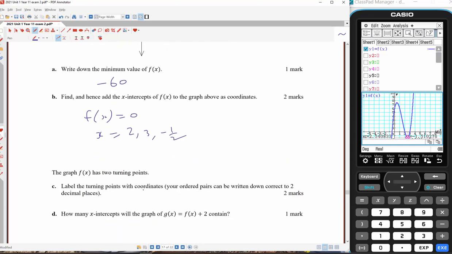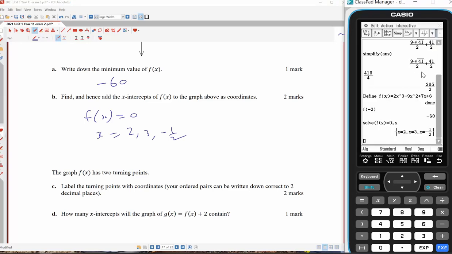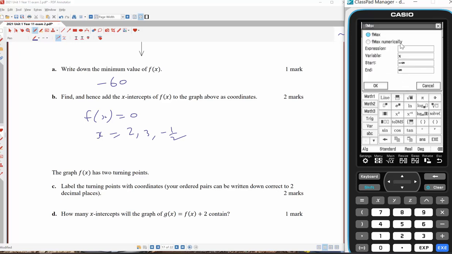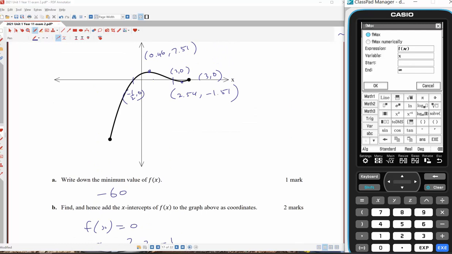So label the turning points with coordinates. Now, look, the other way you could do this, if you're asked for exact values, so you didn't have to do this, is interactive calculation and run fmax. And what you'll do is find the maximum value, shift and for f of x between negative 1/2 and 2.